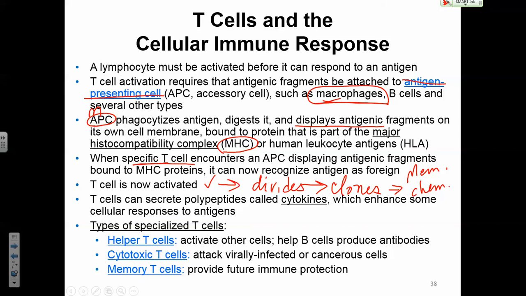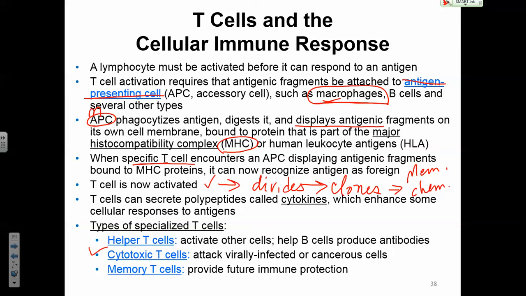If you back up to the innate or the general defenses, it said natural killer cells as general defenses. That's these right there. They're a type of T cell that's not involved in the immune part where it's antigen specific. But they still got to get activated. There's different kinds of cytotoxics. Some get activated just like I've shown you, and so they are part of immunity.